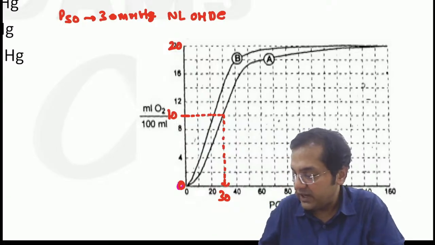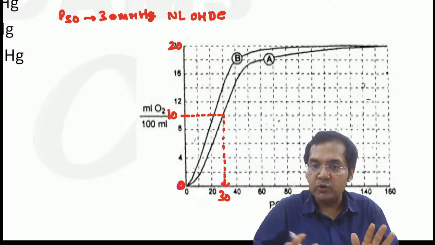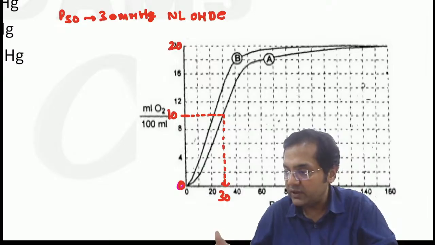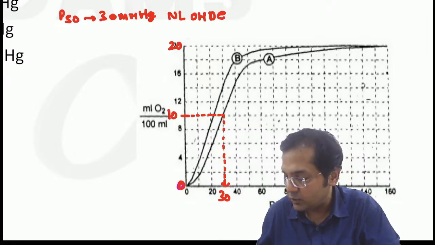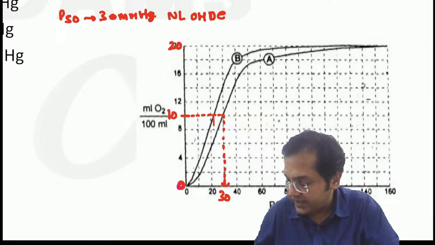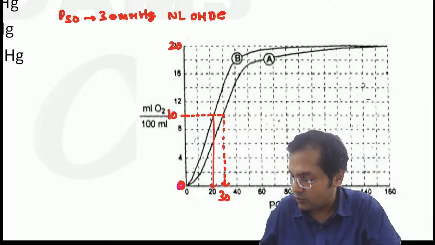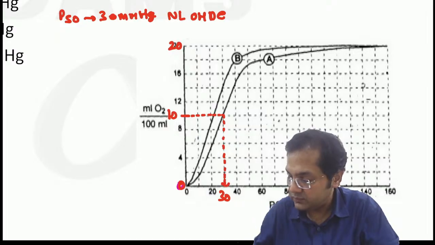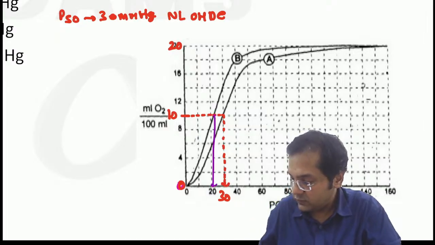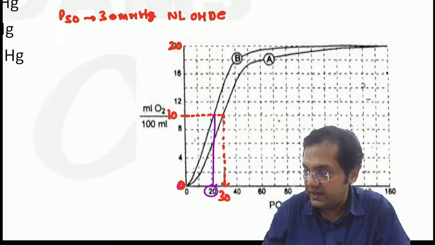But if you don't want to solve, then also, as Anshita has mentioned, I will tell you one more thing here. Now in left shifted curve at 20, at this 10 or 50% saturation, this is only 20 now. So this has decreased.